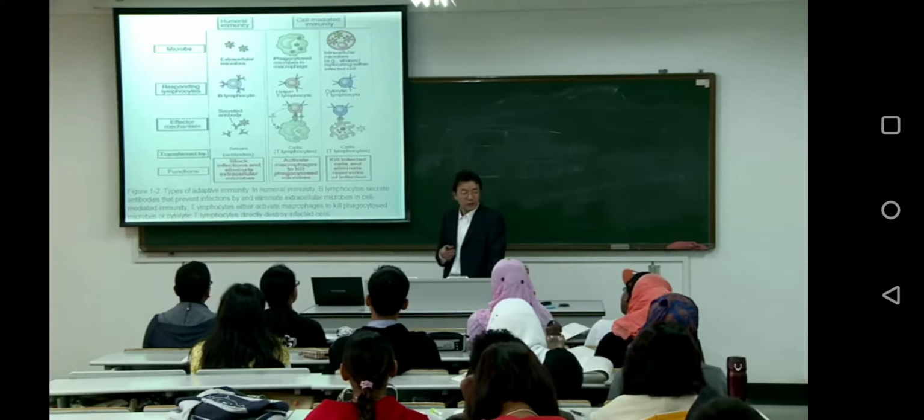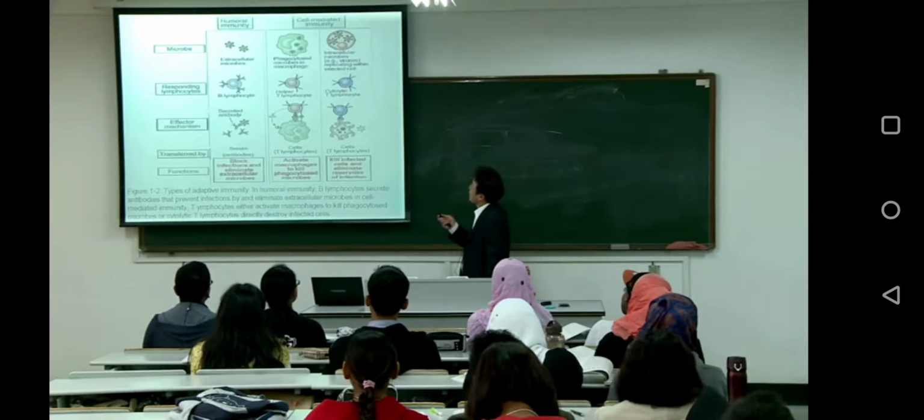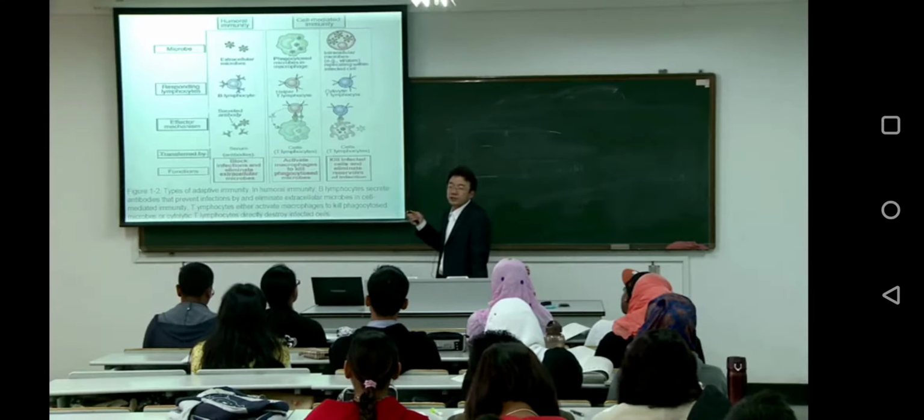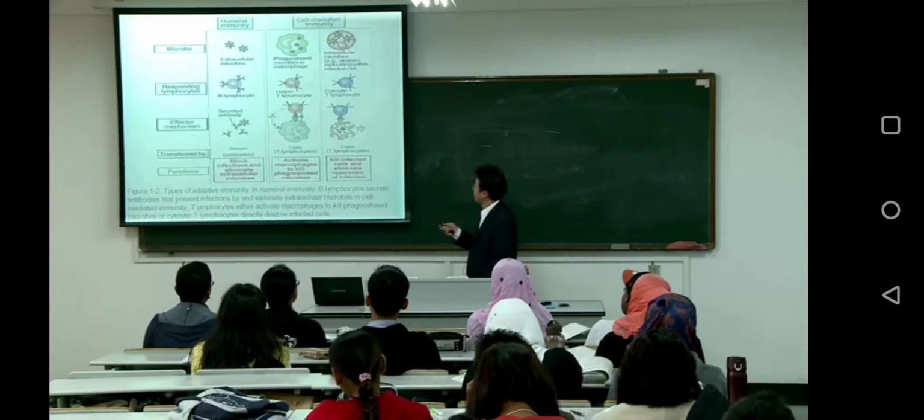They present the intracellular protein or antigen in the cell, those endogenous antigens, to the T lymphocyte. So this is a cytolytic T lymphocyte. And right now we know it is CD8 positive. In this case, CTL kill infected cell and eliminate reservoirs of the infection.